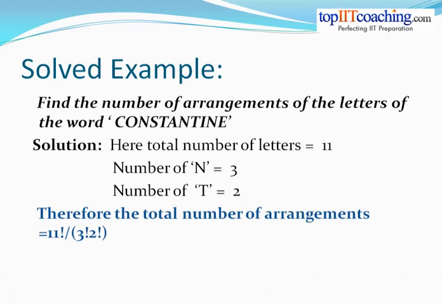So the total number of arrangements is equal to 11 factorial divided by 3 factorial into 2 factorial, because 3 factorial is for the number of n that are similar. We have got 3 n's in this word and the number of t is equal to 2. So by the formula n factorial by P factorial into Q factorial into R factorial, we get that the total number of arrangements is equal to 11 factorial divided by 3 factorial into 2 factorial.